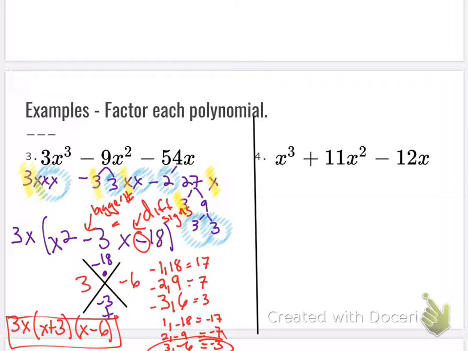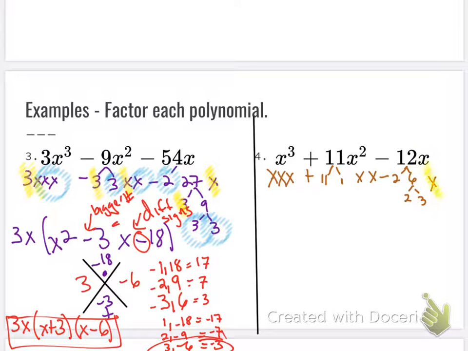Okay. Next one up, we have x cubed, which is just x times x times x, plus 11x, which is 11 times x. And then over here we have 12, 2 and 6, 2 and 3, and then x. So we see if there's any coefficients in common. Well, the first one doesn't have a coefficient other than 1, so we're not concerned about the numbers at all. So then we go on to our x's.